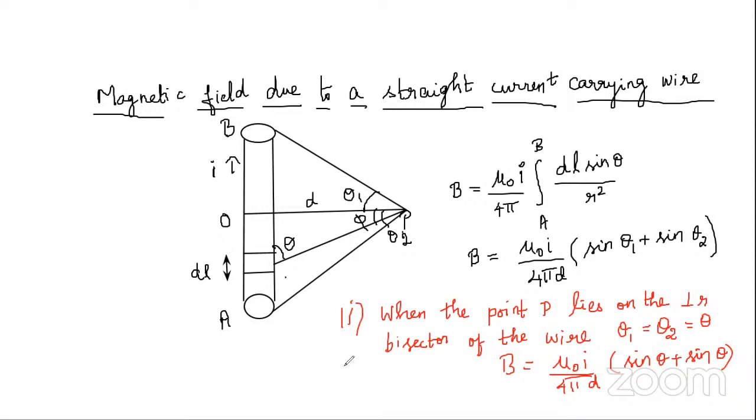So it will be 2 sin theta, which gives mu naught I by 2 pi d into sin theta.